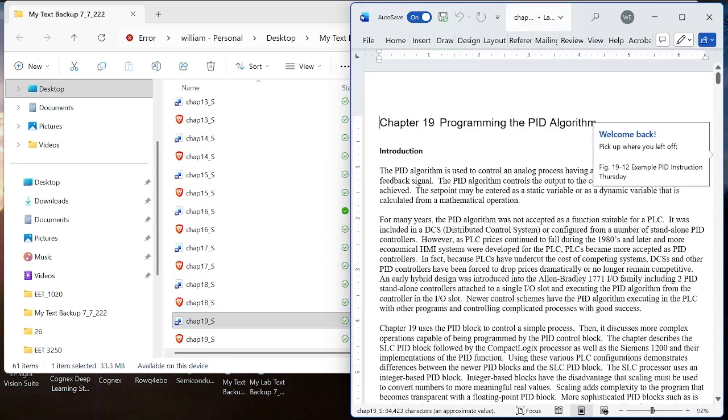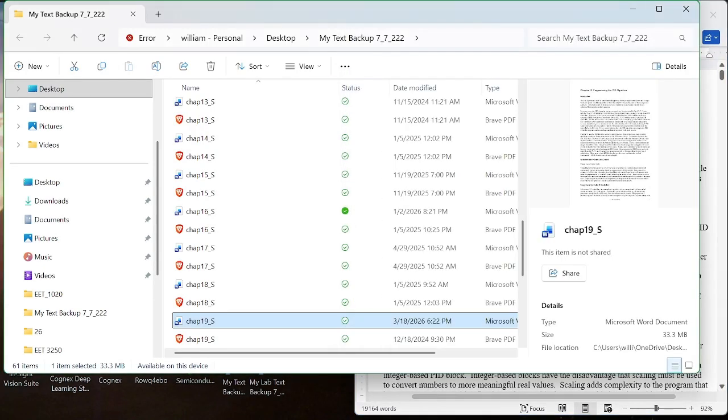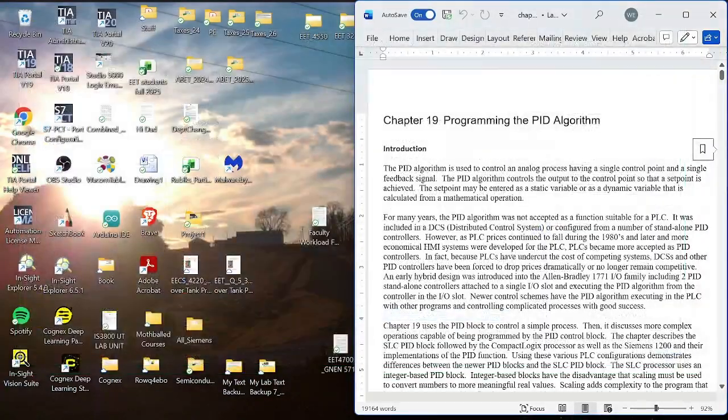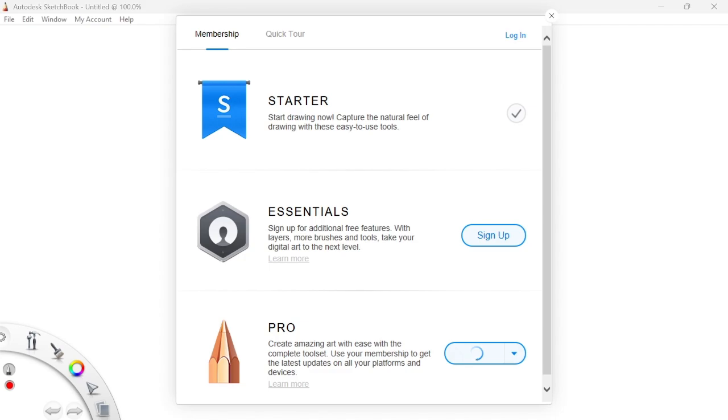So in chapter 19, we're talking about process control, and that's our main goal in this chapter. There are some additional areas that I want you to understand a little bit, and that's what we're going to talk about tonight.